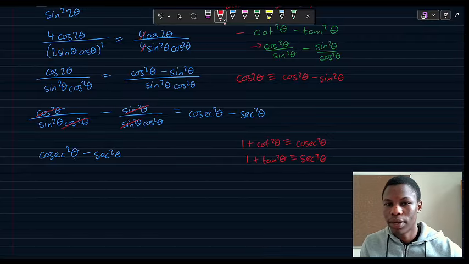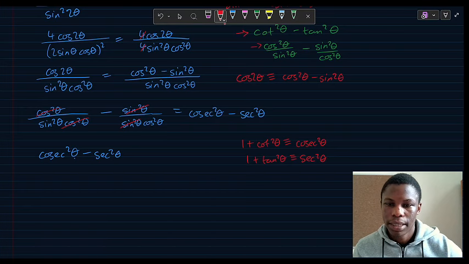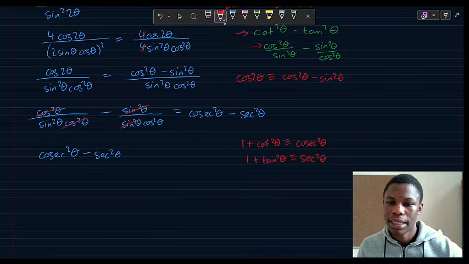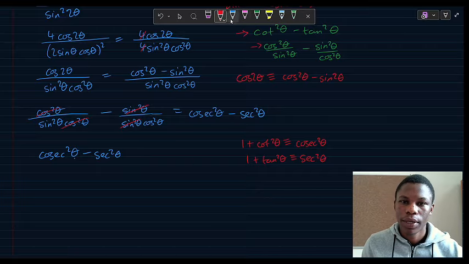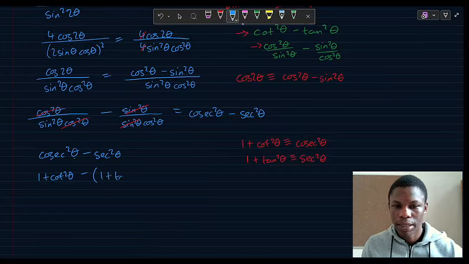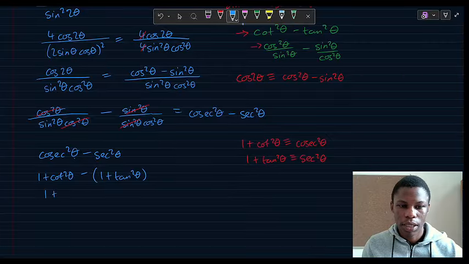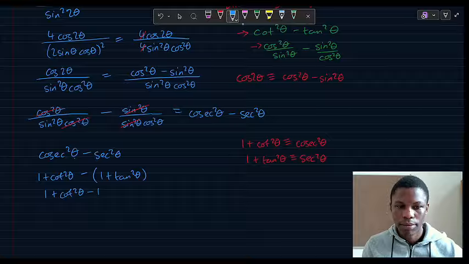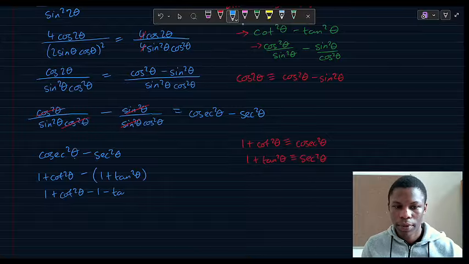Because we know that our final answer should be in cot and tan, we can rewrite cosec in terms of cot, and sec in terms of tan. So that becomes 1 plus cot squared theta minus 1 plus tan squared theta. If you simplify, that's 1 plus cot squared theta minus 1 minus tan squared theta.